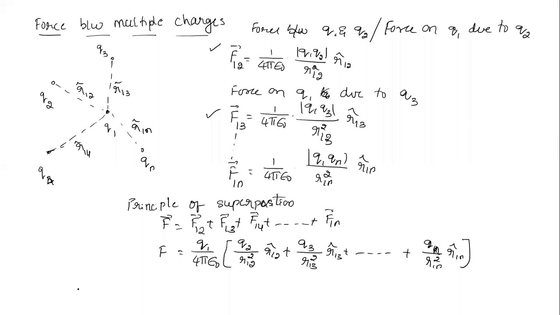Like helium, I told you, if you go for a little higher material, like atoms of uranium, we need to deal with it in a completely different way. So there we can find out the force between the charges. So this is the force between multiple charges, and we need to take direction properly.